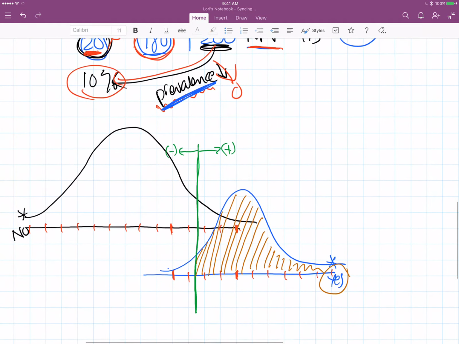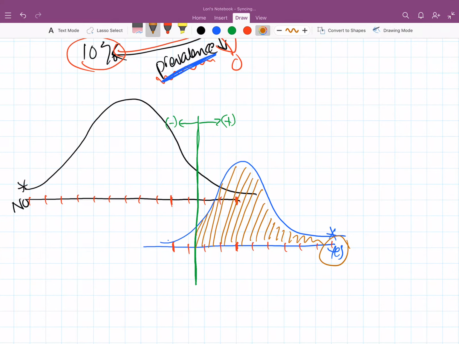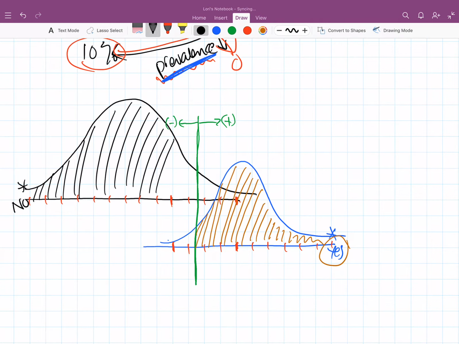Now, there's another group that we did a good job with, and I'll do them in black. That's going to be this group over here where they do not have this detectable preclinical phase, so this is a no, and we classified them as a negative test.